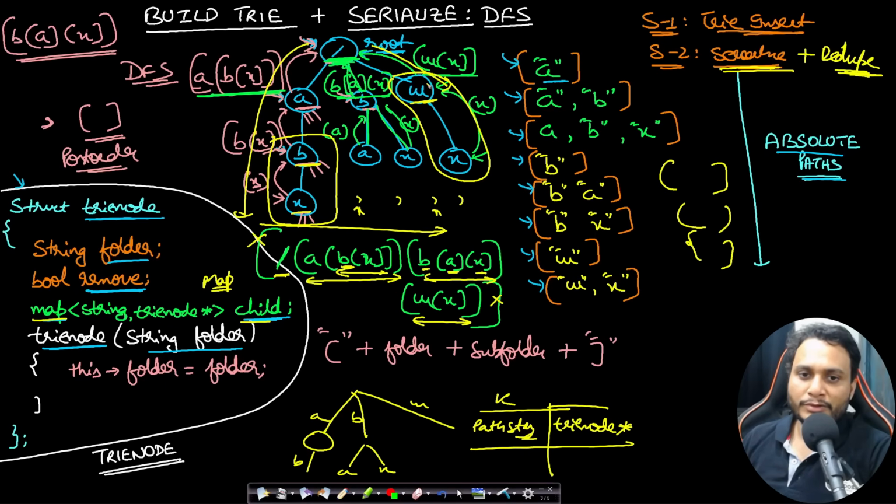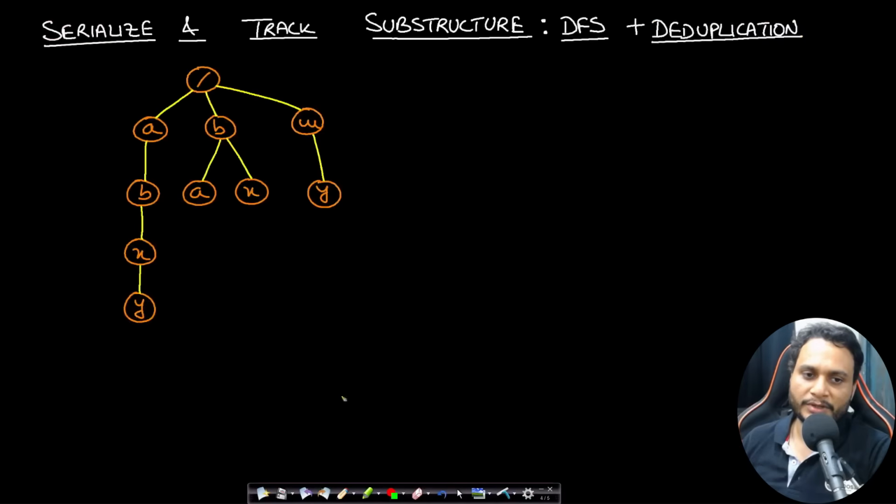So I have to not just mark this w as, okay, remove this structure, but I also have to remember that I should be removing the previously occurring same structure, which is b. So the reference of b has to be stored in the map. Otherwise, how will I know where it occurred? If I tell you that this is repeating, then yes, you can remove it, but you also have to remove the identical one, wherever it is present. So the location has to be saved in the map, and that is why I will be using the value as TrieNode star to store the location.